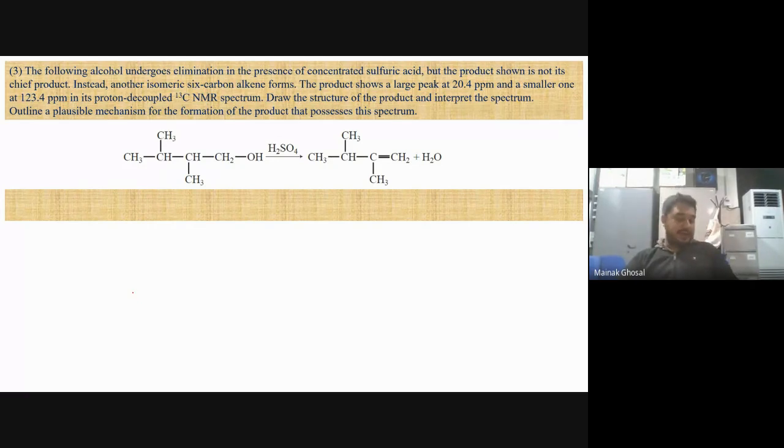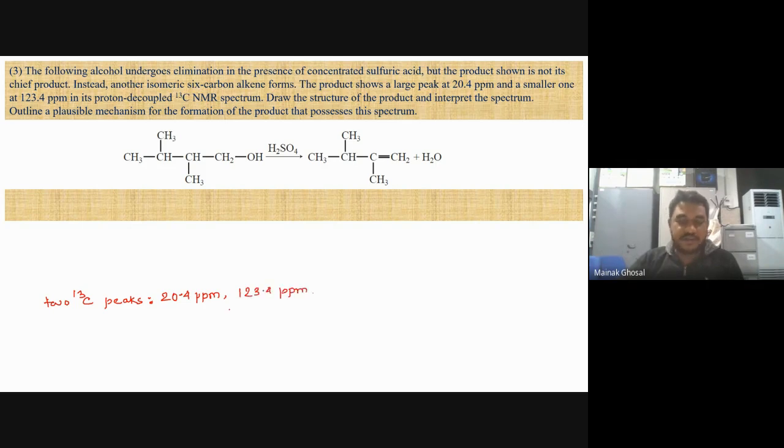First, you predict the possible mechanism or possible product which actually matches this spectrum. In the question you have seen the 13C shows two peaks, that means two different kinds of carbons are present: one at 20.4 ppm and one at 123.4 ppm.